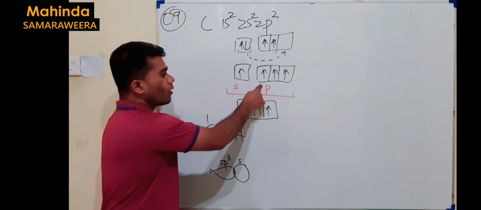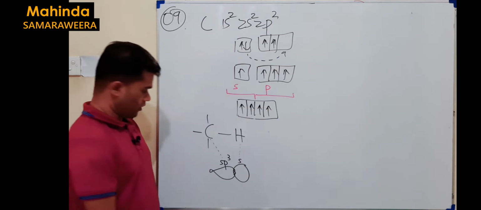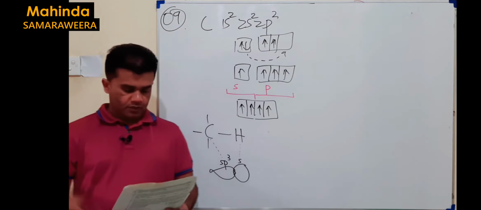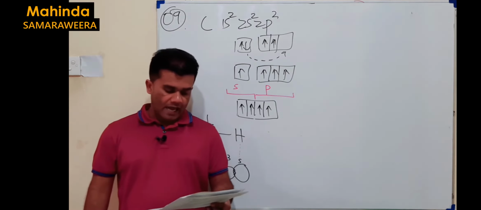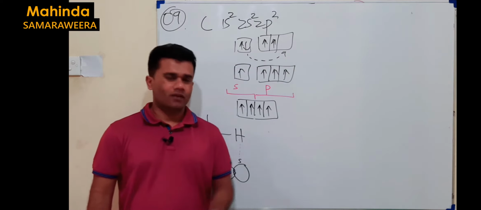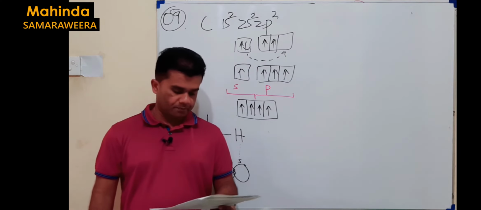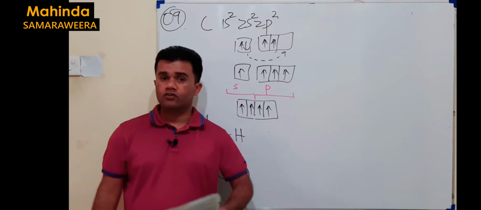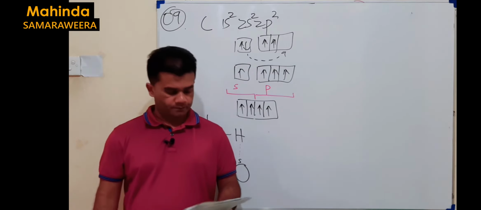Mixing up these two orbitals is hybridization. Mixing up these two orbitals is overlapping. Addition of an electron to an atom is not hybridization. Addition of an electron pair to an atom, no. All are correct, no. So the first one is the most appropriate answer for this.